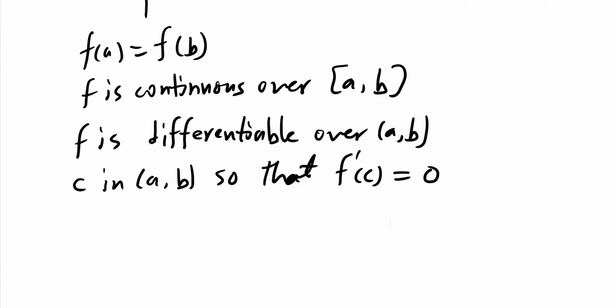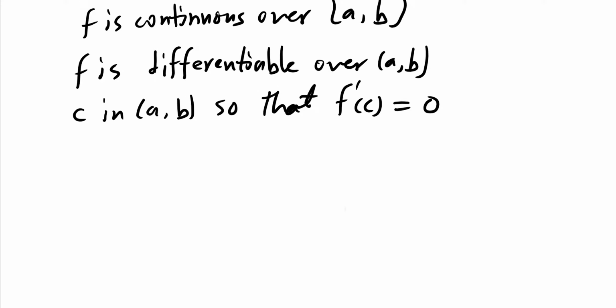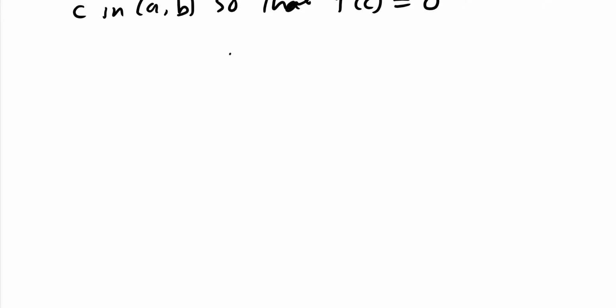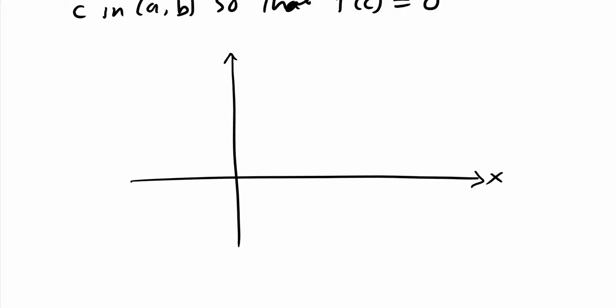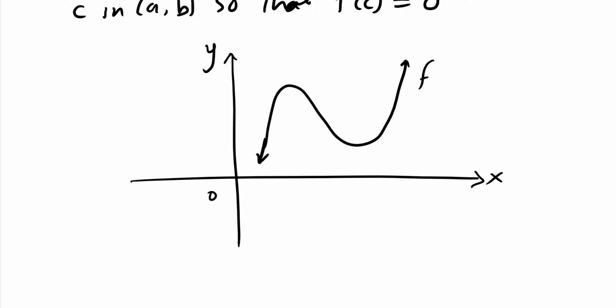You said there is at least one c. How can that happen to have more than one c? Let's say we have a function like this. This is the function f, and I'm going to pick the interval from here to here, so f(a) and f(b) are the same.